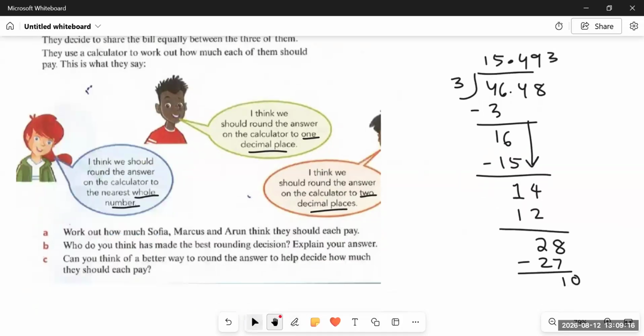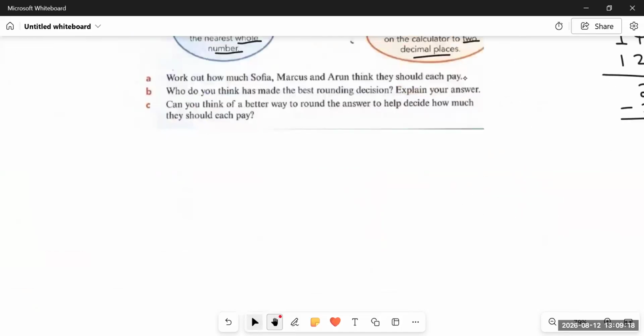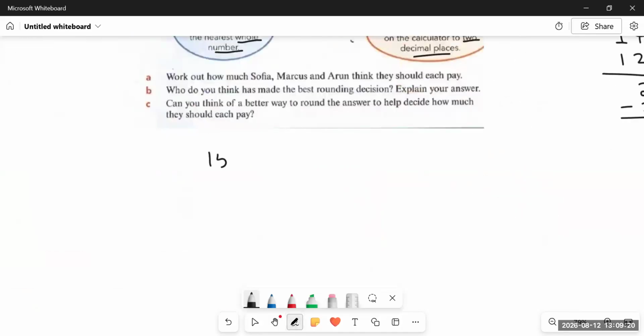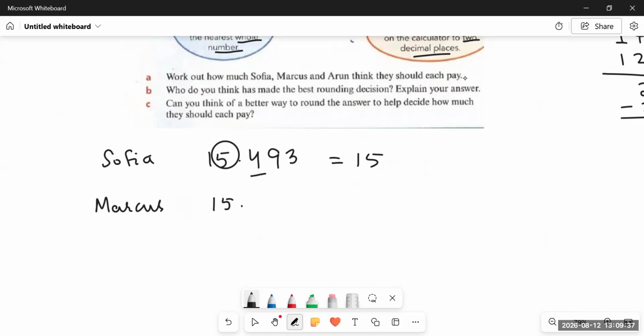Now, according to Sophia, we have to round 15.493 to the whole number. Whole number means we have to round 5. The digit next to 5 is a weak digit, so it will become 15, according to Sophia. Then according to Marcus, we have to round it to 1 decimal place, meaning we have to round the digit 4, and the digit next to it is a strong digit. So we will add 1 into it.